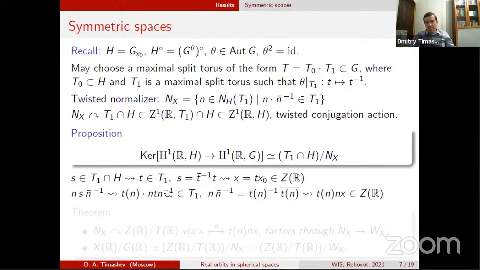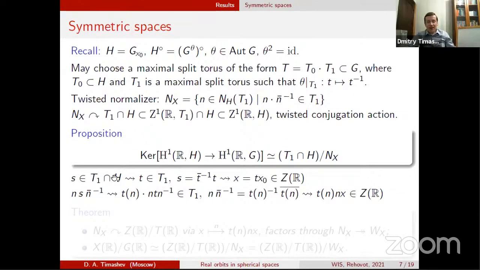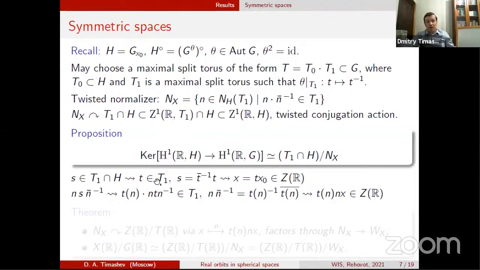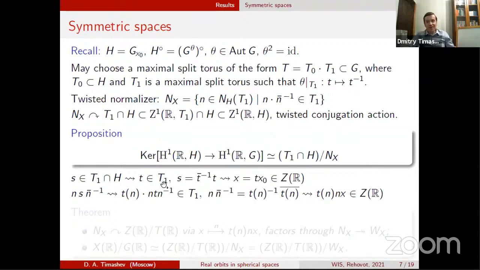So given any element in T1 intersect with H, we can choose an element in T1 satisfying this equality.